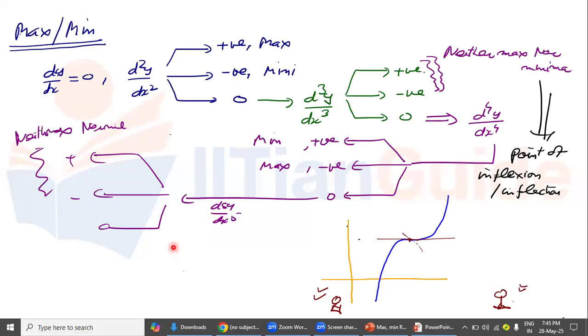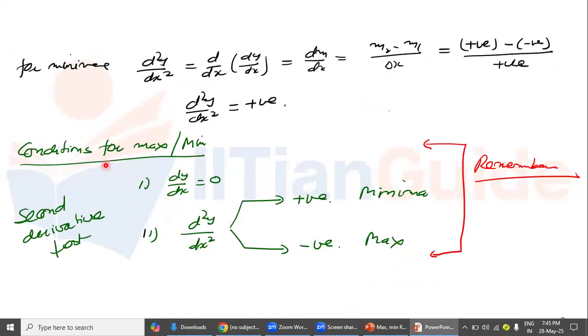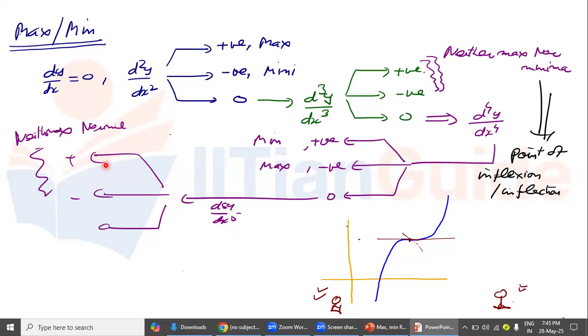The fifth derivative, sir. I don't understand what you're asking. The last part, sir, the purple one. You're talking about this one? Yes, sir.